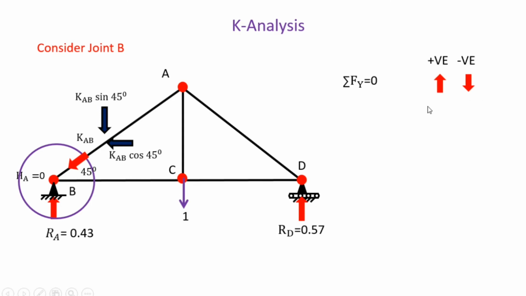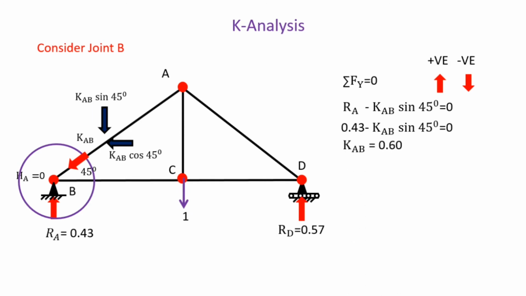We are applying the sigma Fy condition. Vertically upward is positive and vertically downward is negative. So RA is vertically upward, that is why plus, and this KAB sin 45 is downward, that is why minus. So put the value of RA is 0.43 minus KAB sin 45 is equal to 0. So we got KAB is equal to 0.